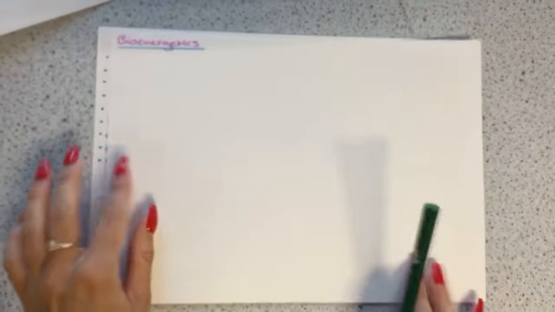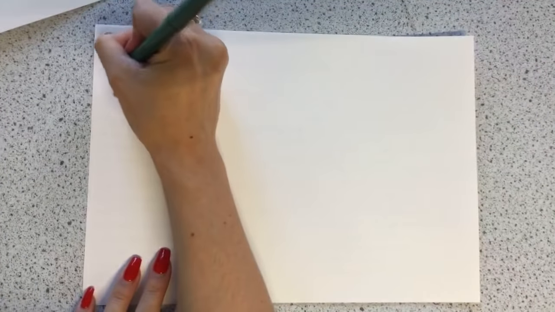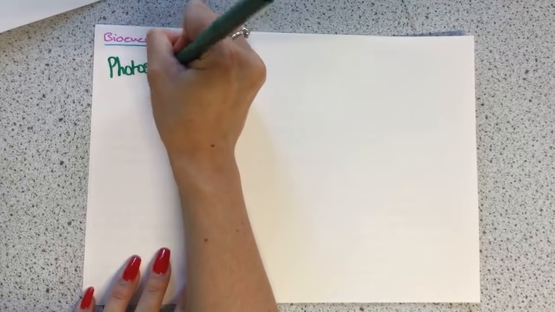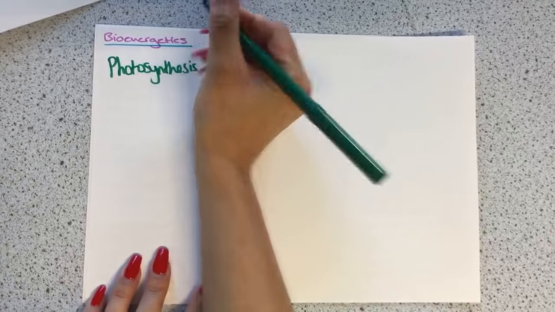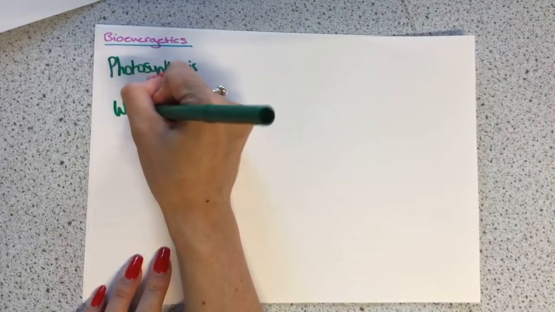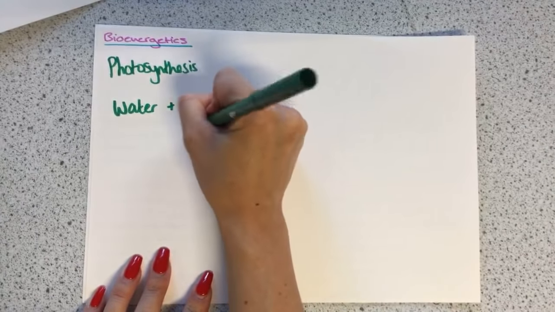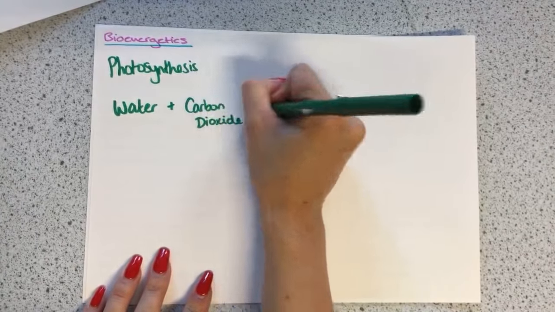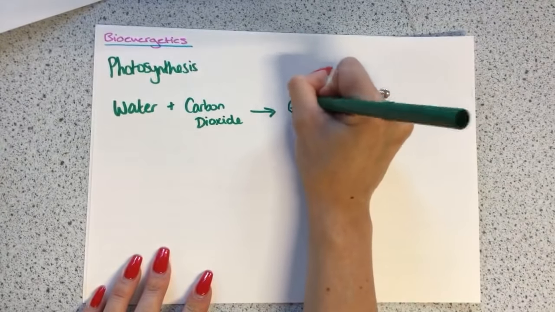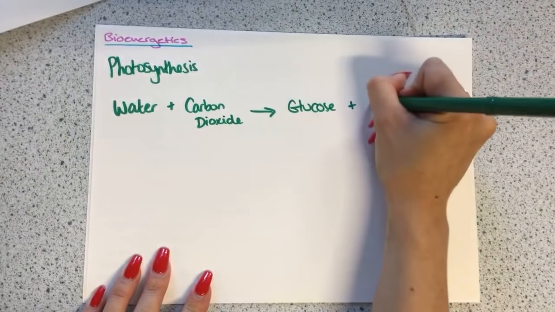Right then, so photosynthesis to start with. We'll start with the basics, so the equation. You obviously need water plus carbon dioxide, which gives you glucose and oxygen.